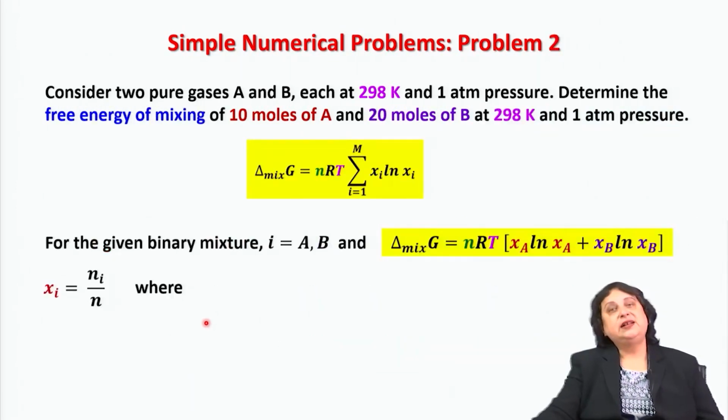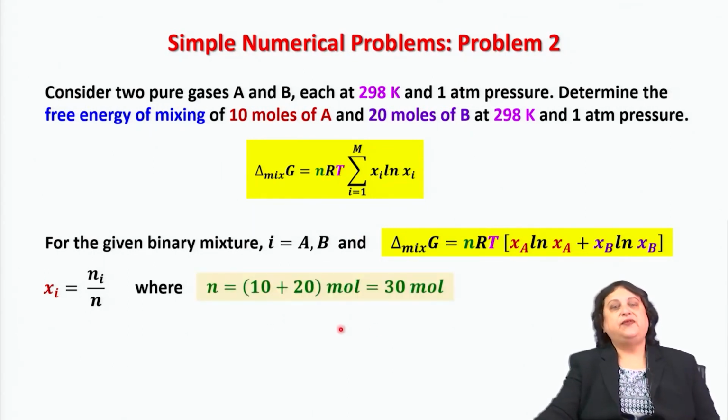Next, let us have some other problem, but related. I still have the same two pure gases A and B at the same temperature, 298 Kelvin and 1 atmospheric pressure, but now I am asking you to find the free energy of mixing of 10 moles of A and, unlike the problem before, 20 moles of B. Once again I start by realizing that I have a binary mixture and I need to know XA and XB.